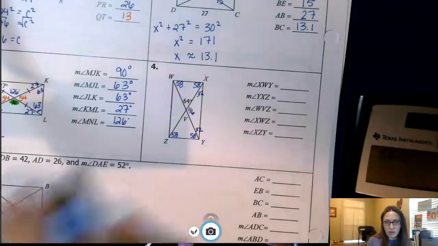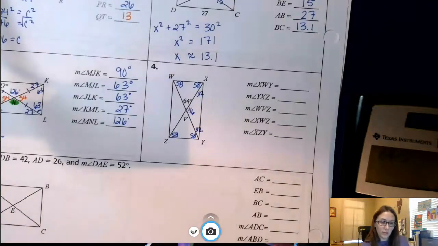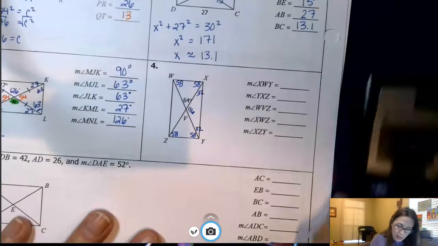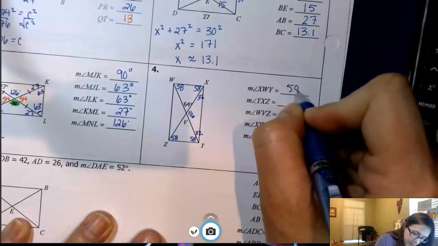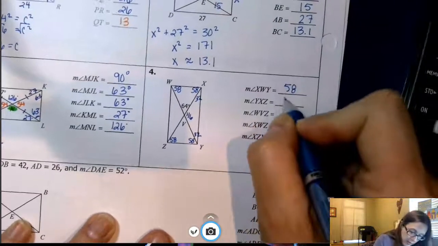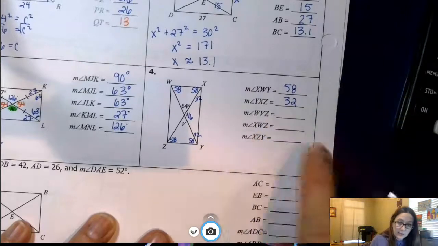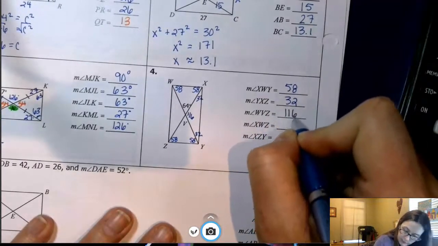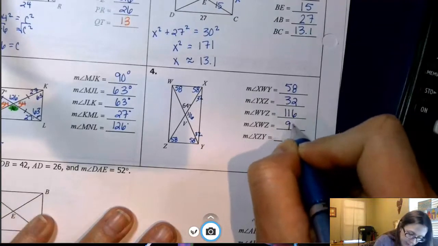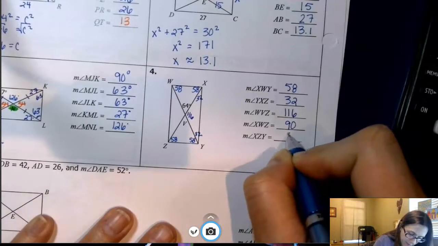I might choose to go this route, you might choose to go a different route. As long as we're using correct rules, we're going to be fine. So when I do that, I end up getting 58 for this angle, 32. Go ahead and answer all of these first and then come back and check them. 116, 90, and 58.